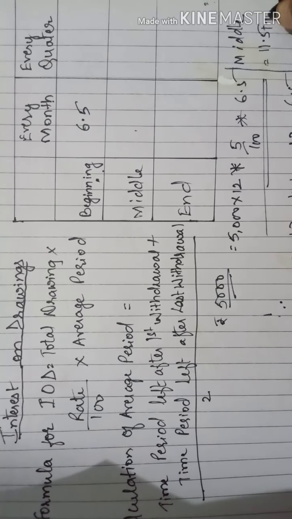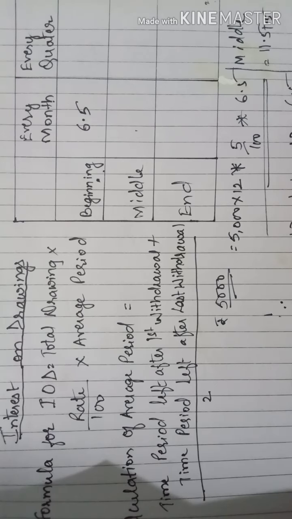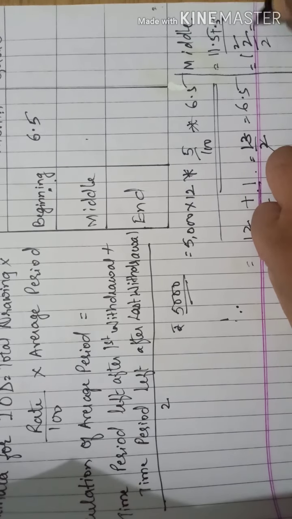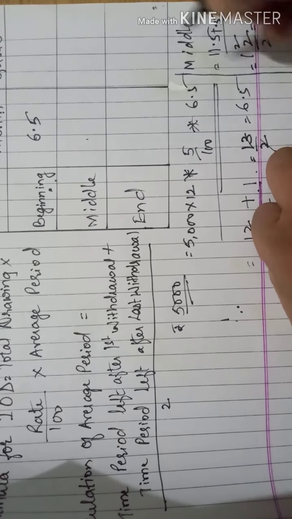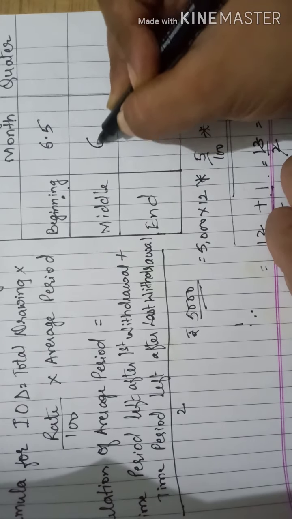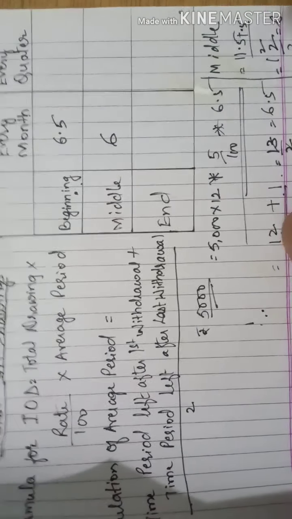Only 0.5. Why? Because my last withdrawal will be on 15th of December. So it will be 12 divided by 2, that means it will give me 6. So what will be my average time period if I withdraw in the middle of every month?